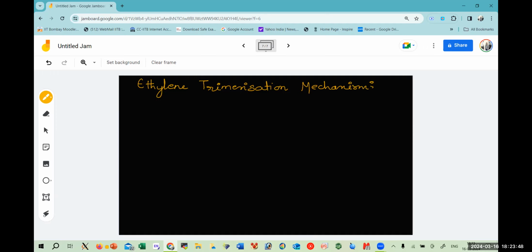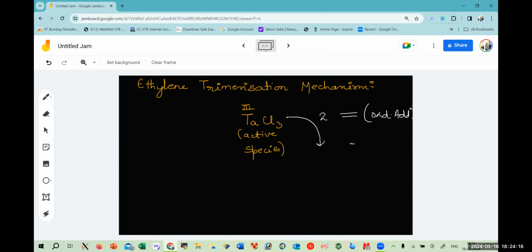So we have got to know that this particular species, tantalum trichloride, is my active species. Now we will start the process. When I'm introducing two ethylene molecules at this stage, firstly those two ethylene molecules will undergo oxidative addition.